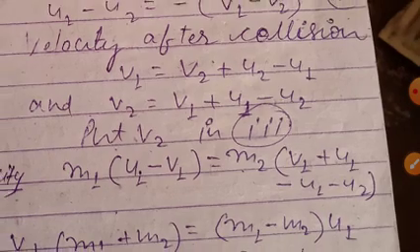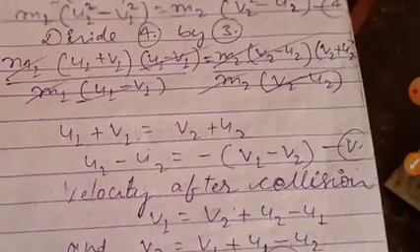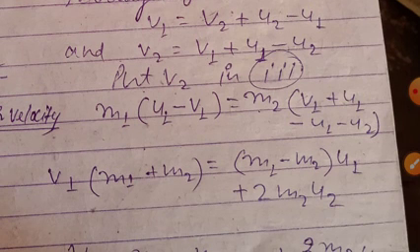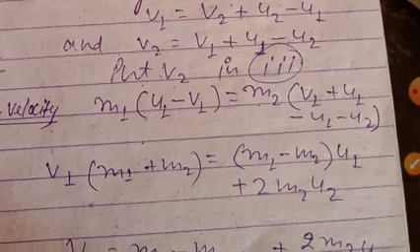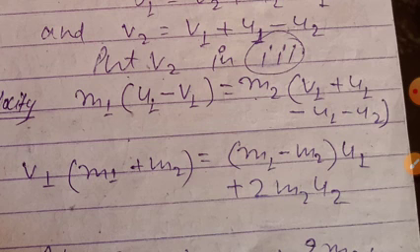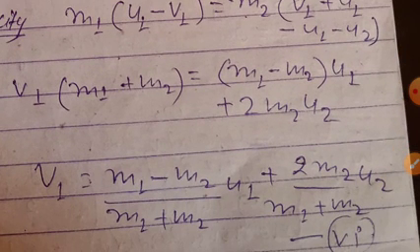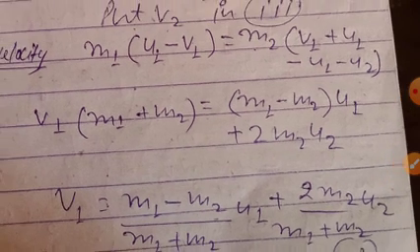Now put v2 in the third equation. Taking m1 common, m1 (u1 minus v1) is equal to m2 (v1 plus u1 minus u2). Now taking v1 common, (m1 plus m2) v1 is equal to (m1 minus m2) u1 plus 2 m2 u2.